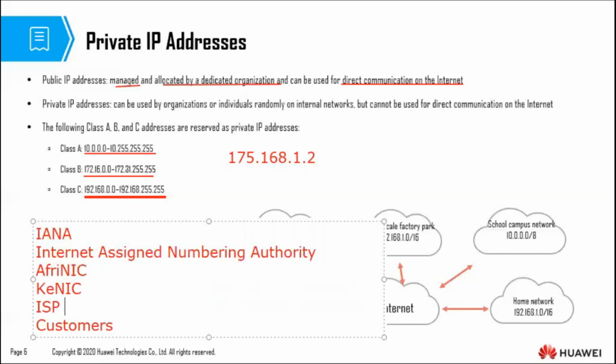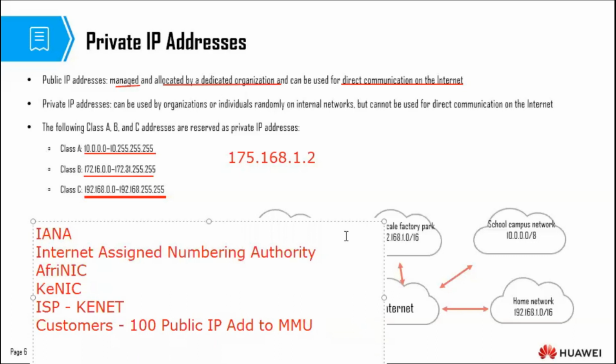So for example, our ISP here is KENET, the Kenya Education Network. KENET can assign like 100 public IP addresses to MMU. It will be a block. By a block, we mean they're going to be following each other. So for example, 41.82, this is just an example.